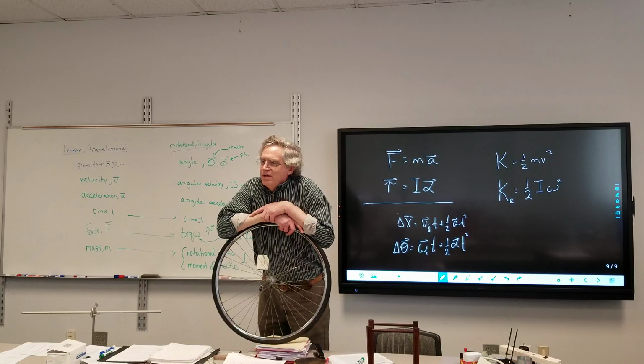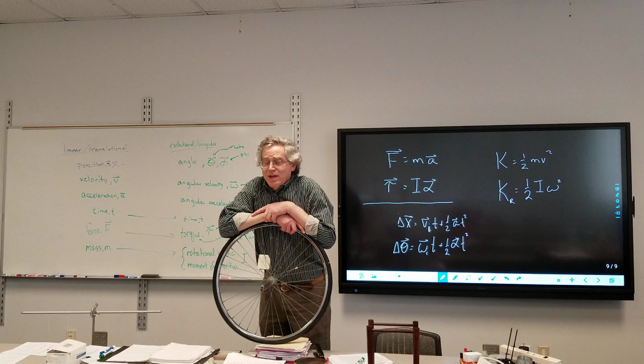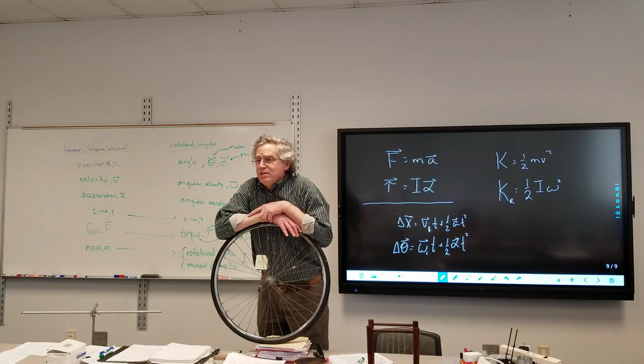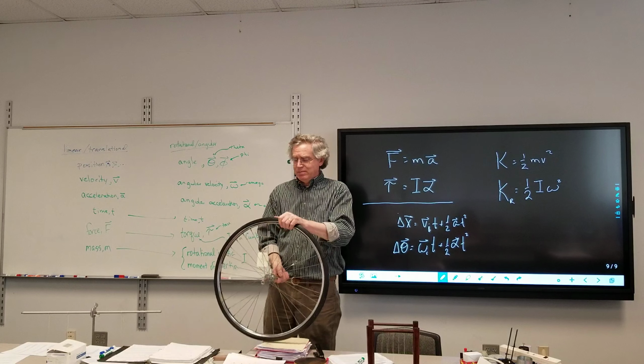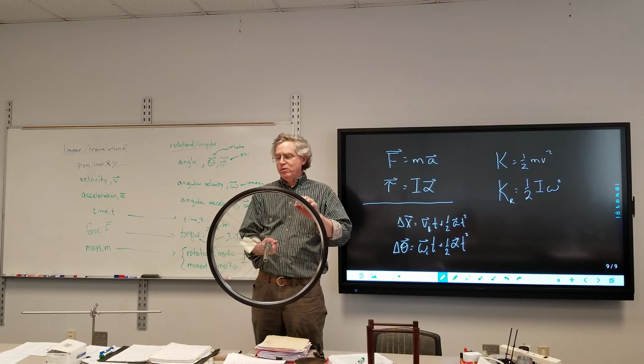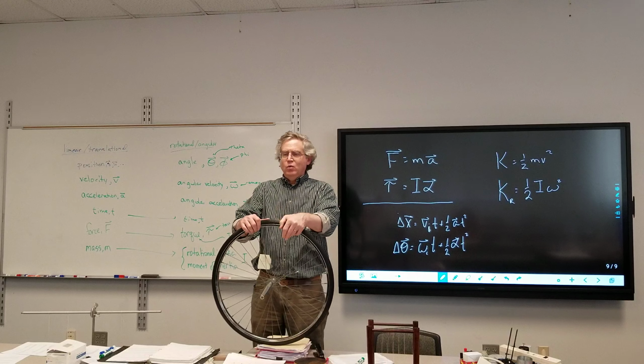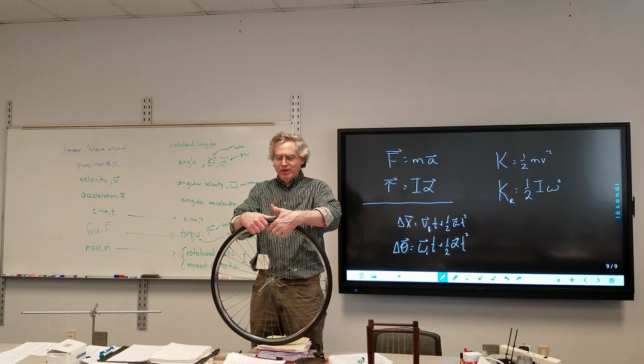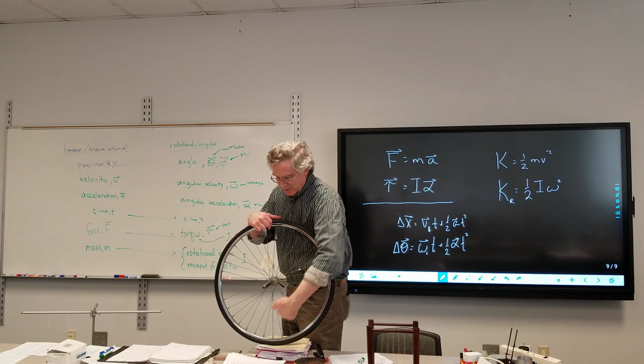Is it the velocity that's the same? So let's start with time. Is it the same time? Yeah. This is known as a rigid object. For a rigid object, the time would be the same. It takes the same amount of time for them both to go around. Now, which one travels a greater distance? The one on the outside. That one's traveling the big circle, and this one's traveling a smaller circle.